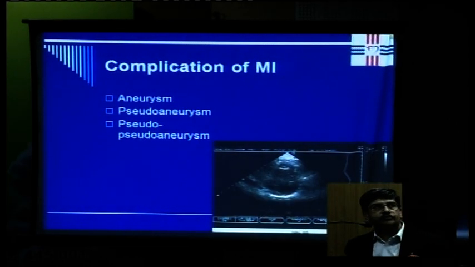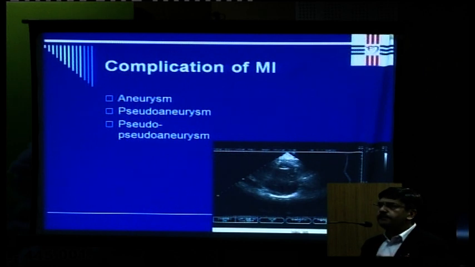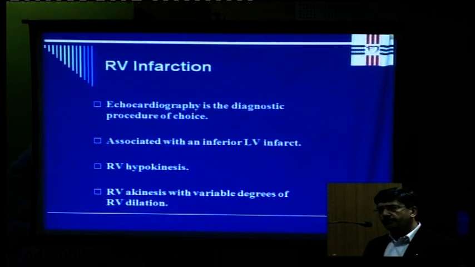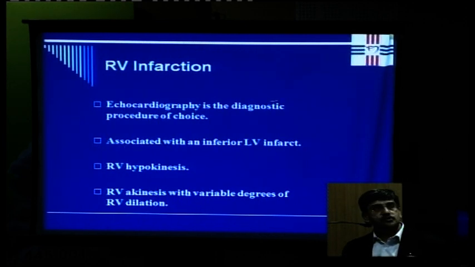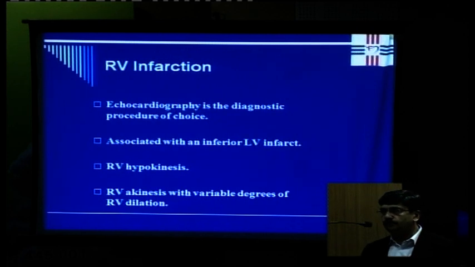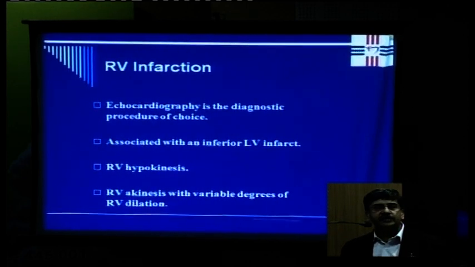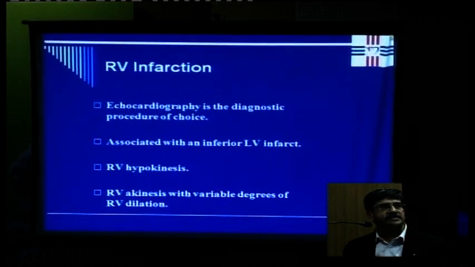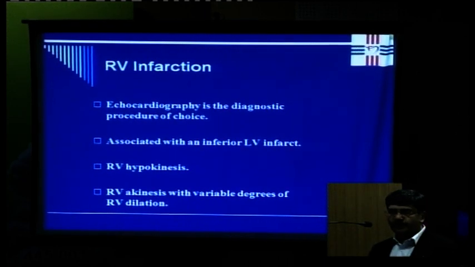Furthermore, complications of myocardial infarction that can easily be picked up by the ultrasound machine or echocardiography are development of aneurysm, pseudoaneurysm. Right ventricular infarction, echocardiography is the diagnostic procedure of choice for right ventricular infarction, associated usually with inferior wall MI or posterior wall MI or lateral wall MI. RV hypokinesis, RV akinesis, and varying degree of right ventricular dilatation would be seen.